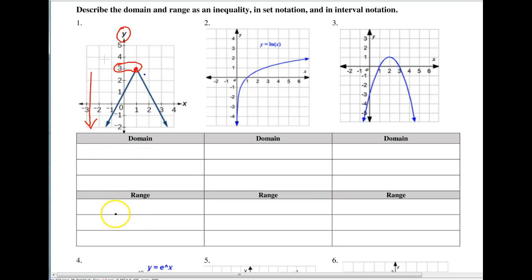Okay. So for the range here, we're actually going to go from negative infinity. You got to get good at writing this symbol. Negative infinity, and just like on Desmos, less than y, and it's going to stop at positive 3. So that will be the range, just because it stops there.